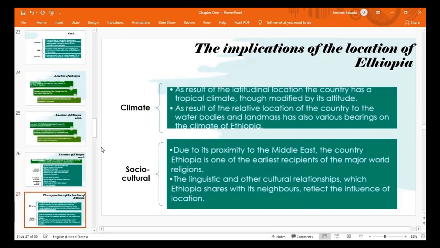The implication of the location of Ethiopia. So there are three implications. Implications on climate.